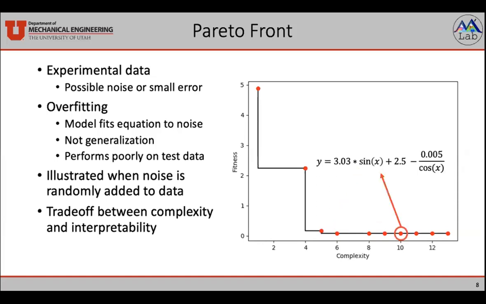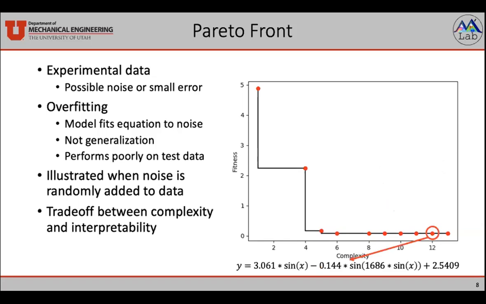As we move down and get a more complex equation, this fits the training data better and has a lower fitness, but has extra terms that we might not expect to have, and are most likely fitting to the noise that we introduced. As we go even further, we see an even more complex equation with more of these terms that start to get us further away from the equation that we were wanting initially.